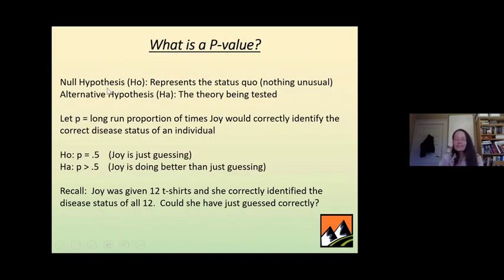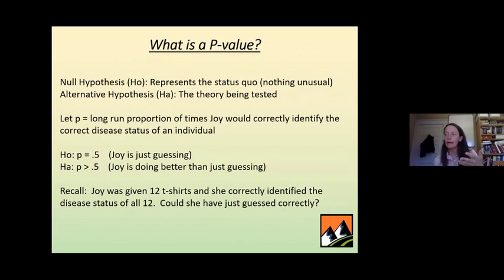Okay, so just a really fascinating story, but to tie it all together with statistical inference, we're going to use the idea of how they tested Joy with these 12 T-shirts to really understand the idea behind hypothesis testing and a p-value in its simplest form, to try and get this idea of what a p-value really represents.